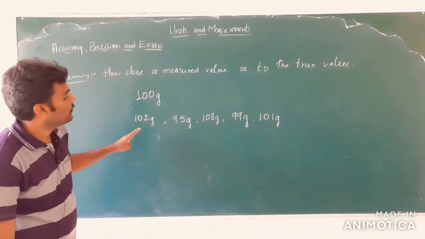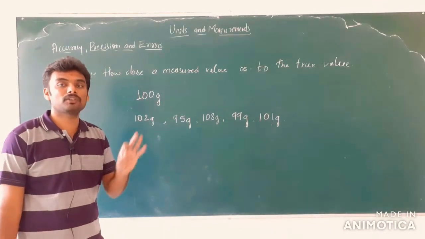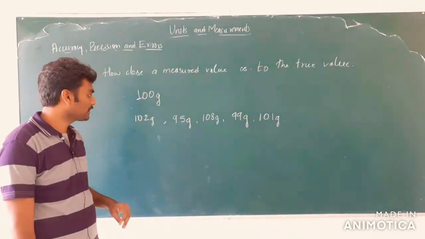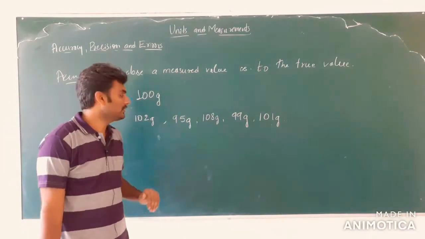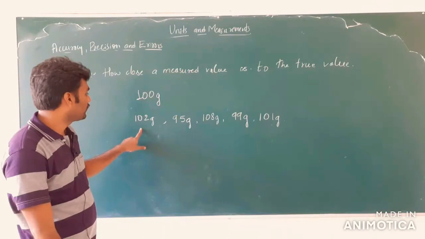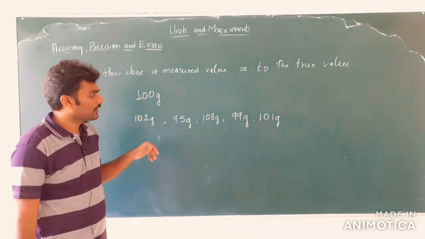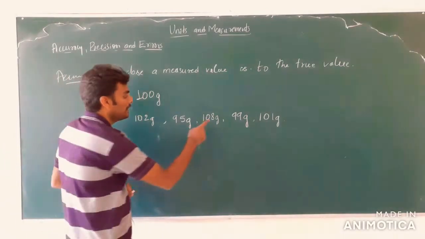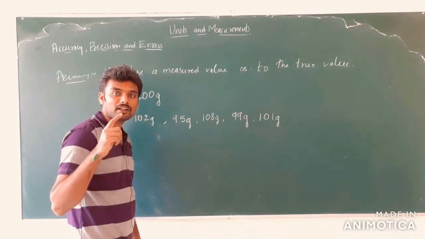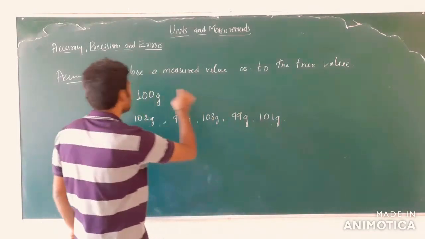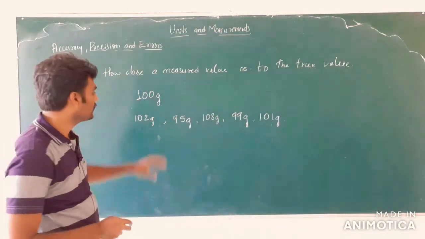Now, which one among these readings is more accurate or most accurate? See, accuracy is about how close the value is. We have so many readings here, 102 gram, 95, 100 and so on. Out of all these readings, I can see 99 gram and 101 gram. Both 99 gram and 101 gram are closest to this 100 gram value, isn't it?